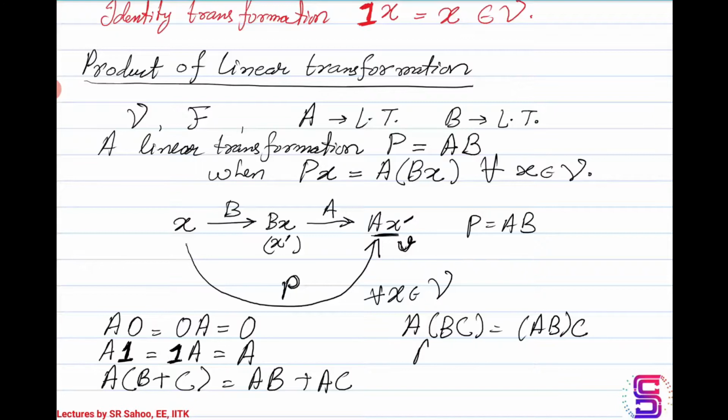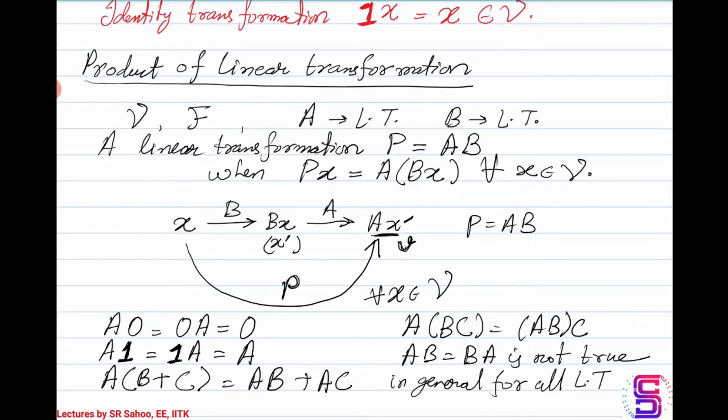Okay, but please note, in general, AB equal to BA is not true. The product AB equal to BA is not true in general for all linear transforms.